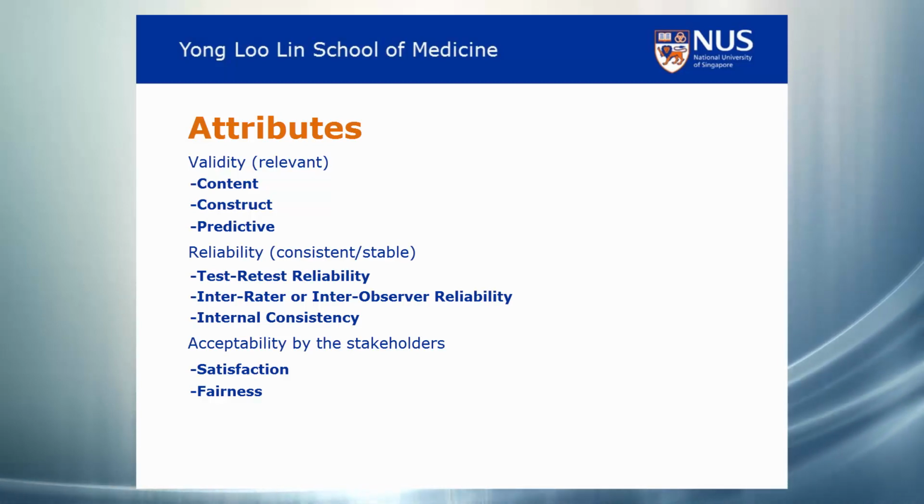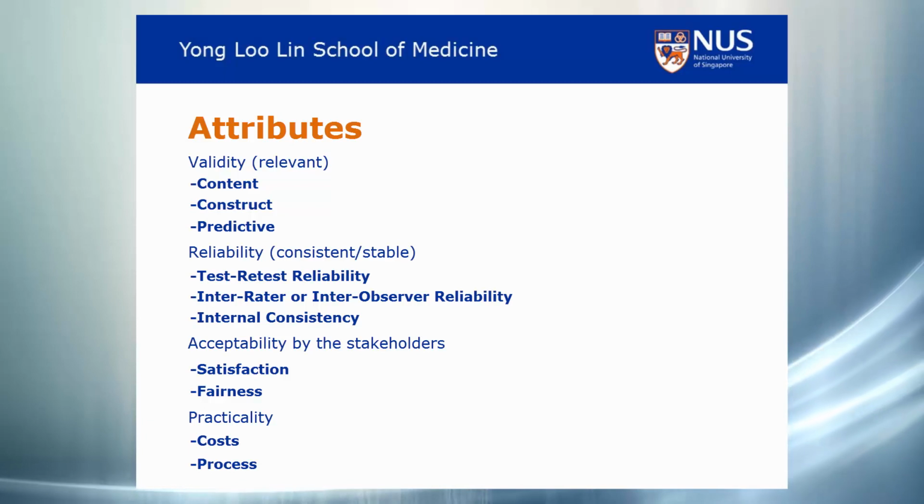And then finally, and this is something that we tend to ignore and get into trouble with, is practicality. You can have the most cutting edge assessment system or selection processes in place, but if it is not possible because of high costs, or the staff are not very well trained, or the process is too resource intensive for that particular medical school, the entire assessment system or process will flop.